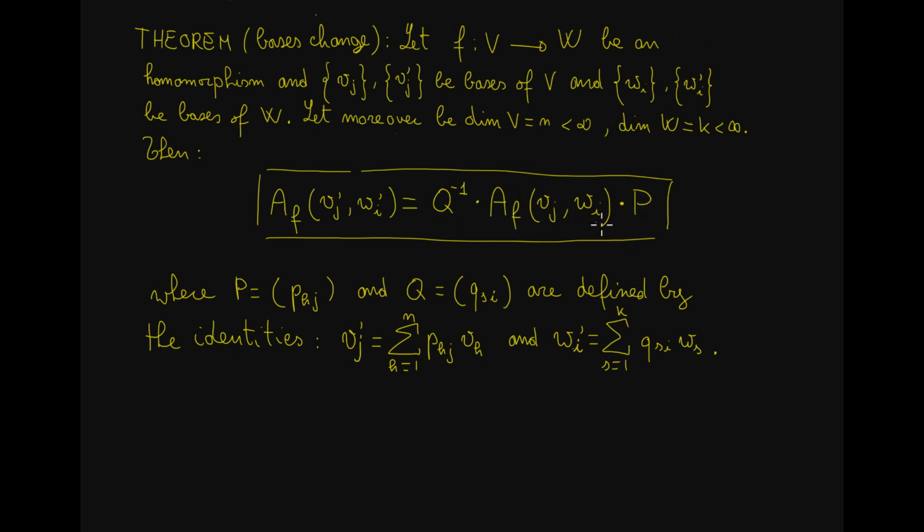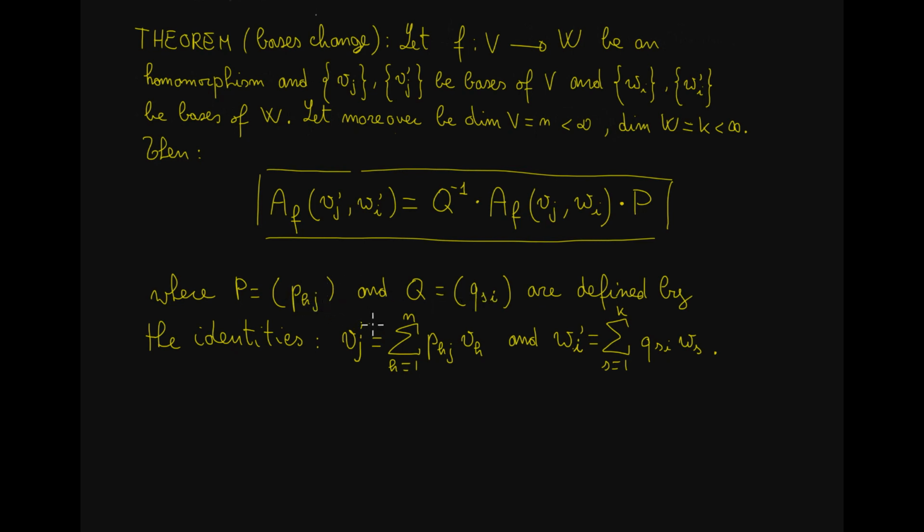The matrix that multiplies on the right, we call P, has coefficients Phj, and the one whose inverse multiplies on the left is called Q, and its coefficients are Qsi.